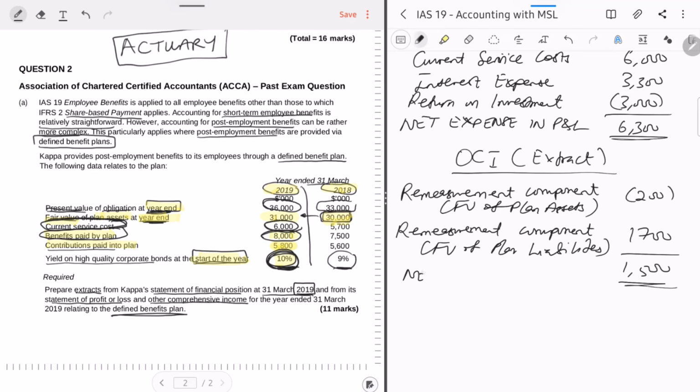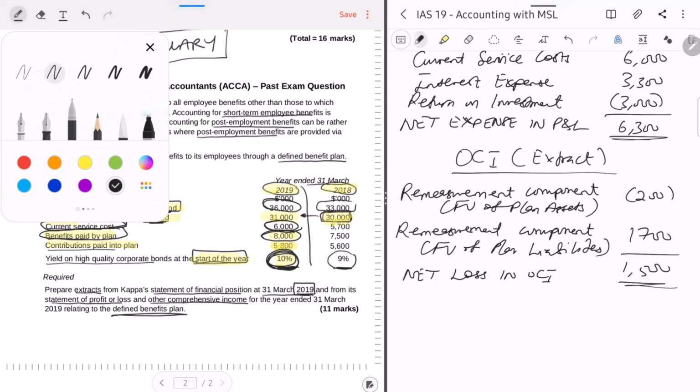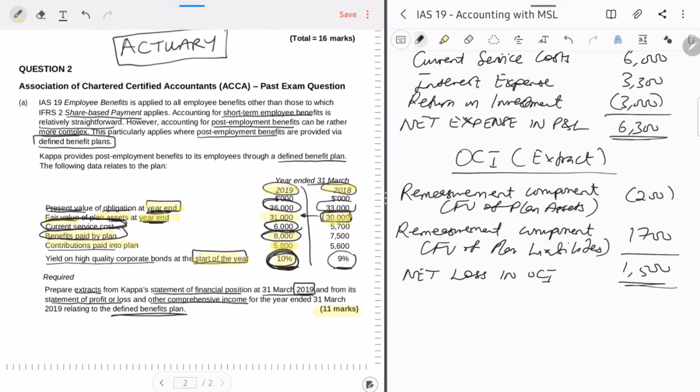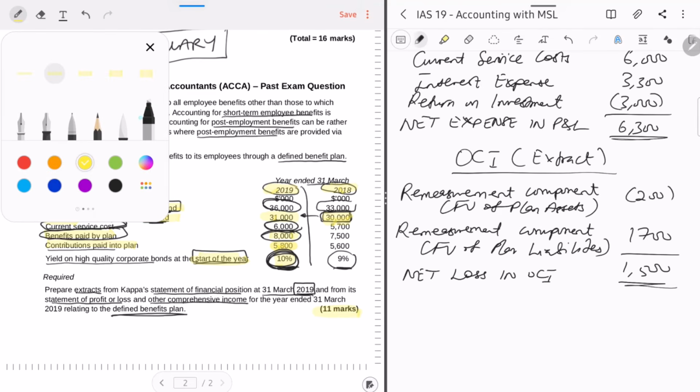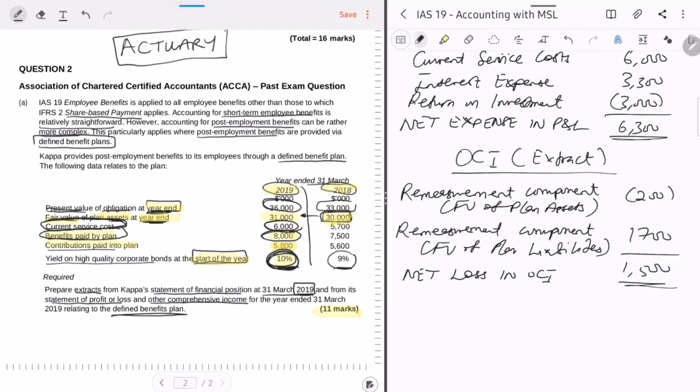So this is our net remeasurement loss in OCI. So that is it. If you can do this, you're going to score 11 marks. So for any question you face in any exam that has to do with post-employment benefits under IAS 19, i.e. defined benefit plans and defined contribution plans, this is how you go about them in an exam.